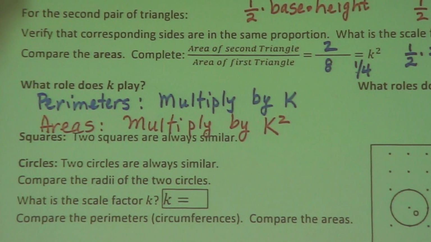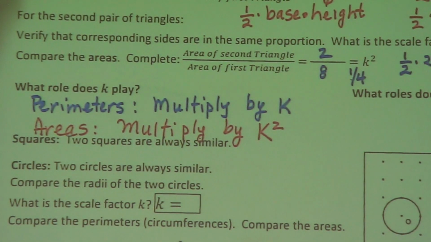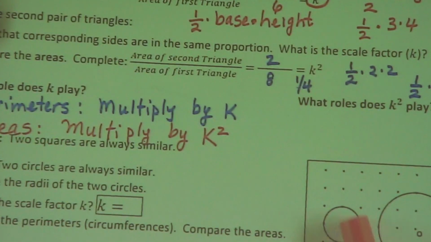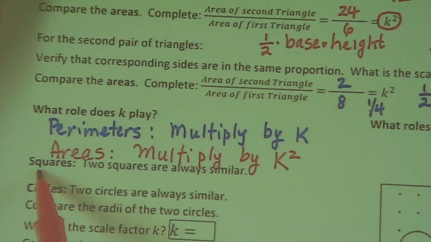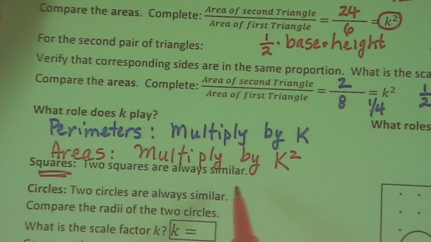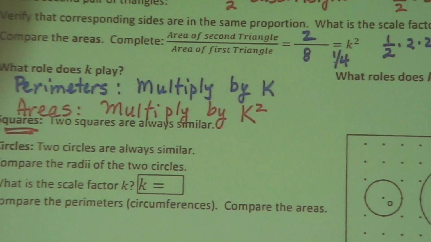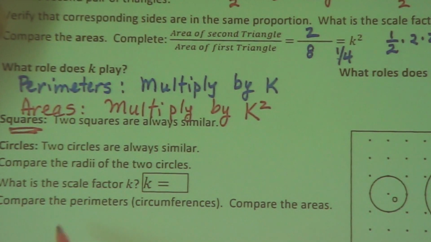Let's talk about circles. Two circles are always similar. Two circles will always have the same shape. Similarly, squares. All squares have the same shape. They're similar. Perimeter of a circle, circumference, is 2 pi r.